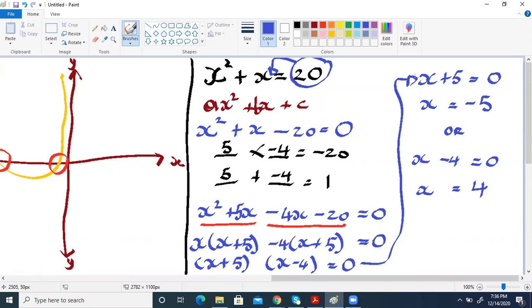So I'm going to give you 2 to do on your own, and then we will give you a couple minutes to do it, and then we can reconvene and work them out together.